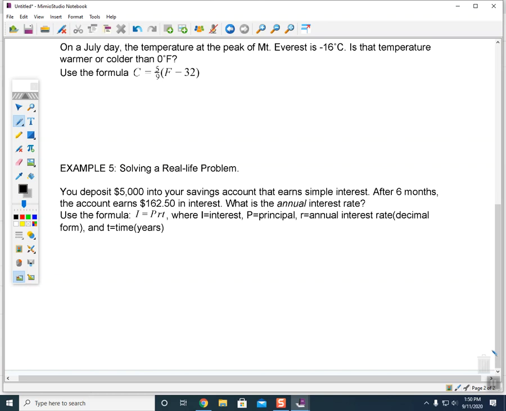What is this doing? 5/9 parentheses F minus 32. I'm multiplying, right? How do I undo multiplication? Divide. So, I can divide both sides by 5/9 to get rid of that fraction.